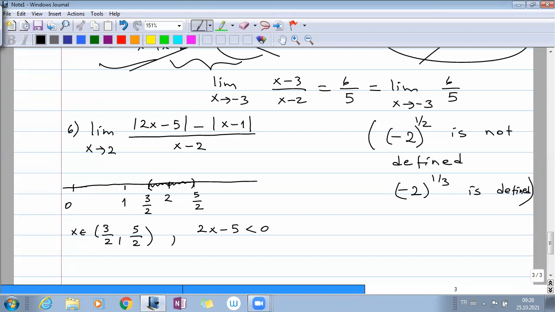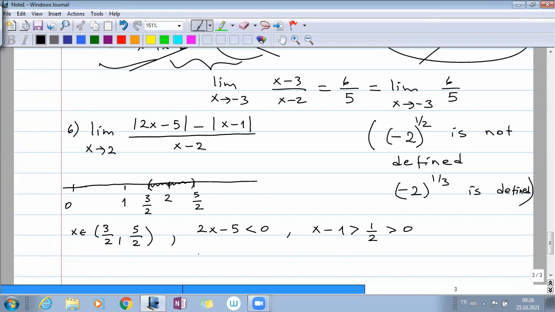And since x is greater than 3/2, x minus 1 is greater than 1/2, so it is positive.